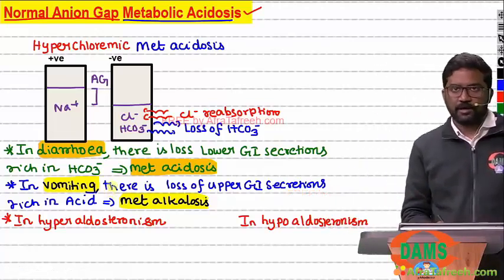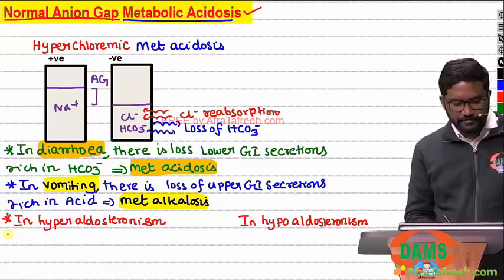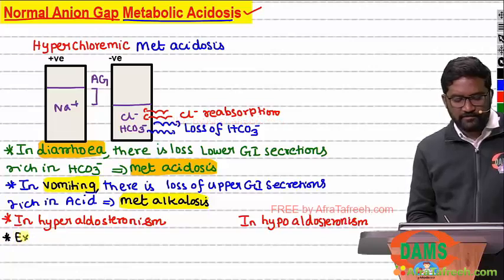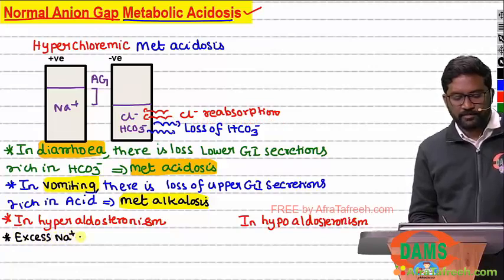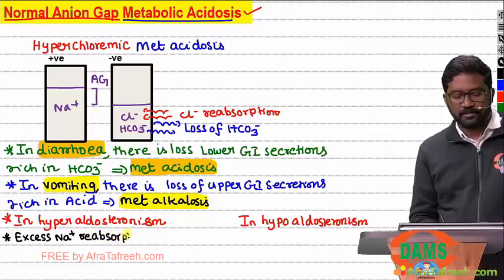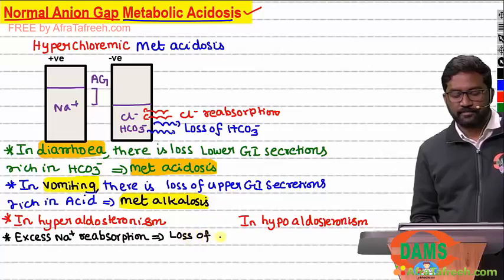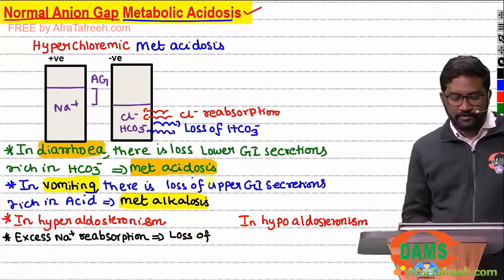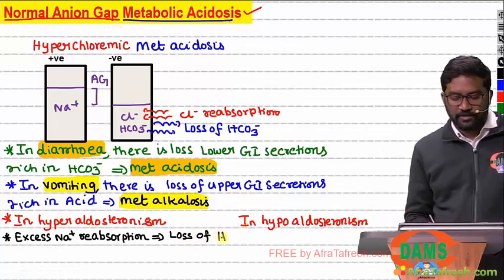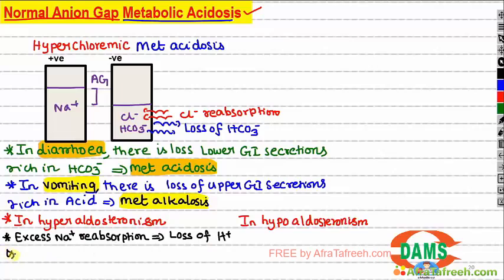So write down, in hyperaldosteronism, there is excess sodium reabsorption that results in loss of H plus and K plus from the body.